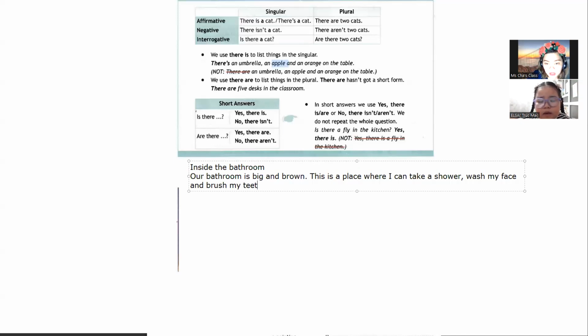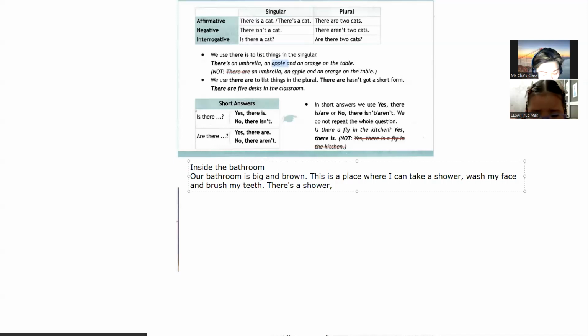All right. So, what are the things that I could see in there? Let's start with there is. There is a shower. What else? There is a shower.